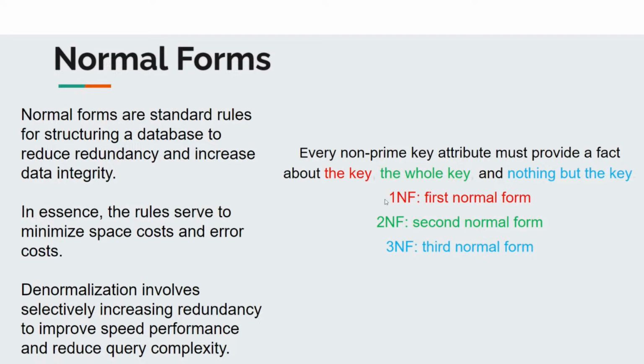We'll cover examples of first and second normal form here in a second. But the idea is the first normal form, every record within a table has a distinct key that uniquely identifies each record. That's what we talked about creating tables in previous lectures, defining a primary key.